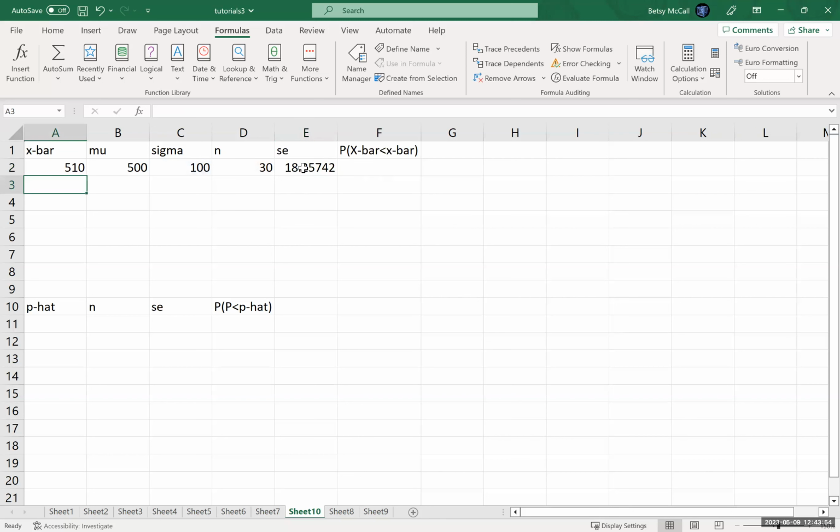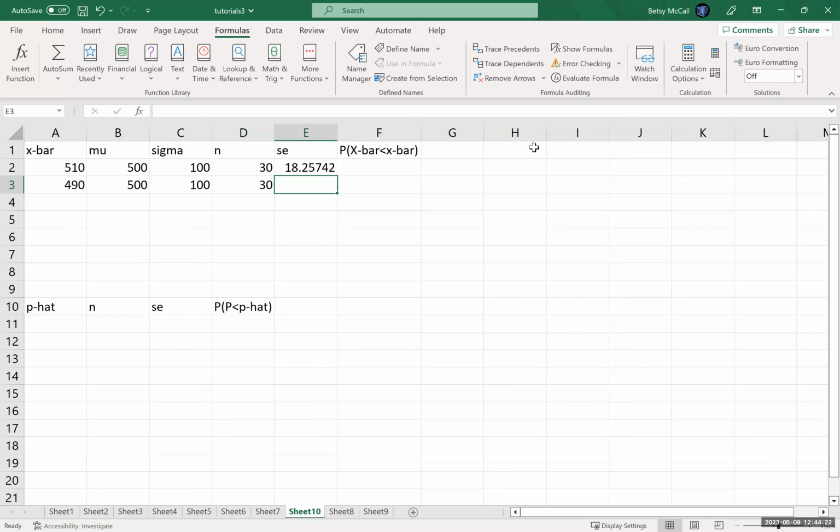Again, this is the value we will use in place of where we would put the standard deviation in a previous probability calculation. Now, in order to get the value between, you may recall that what we need is the probability of less than the larger number and less than the smaller number, and then take the difference. The smaller number in the range we were asked about was 490.